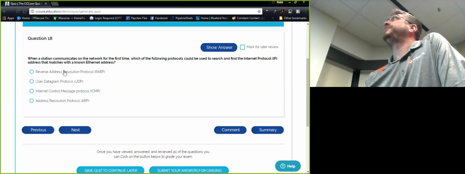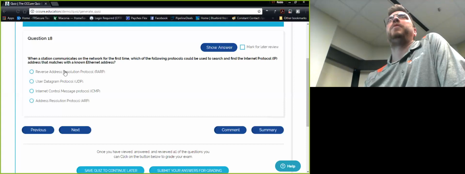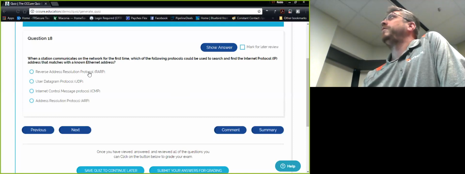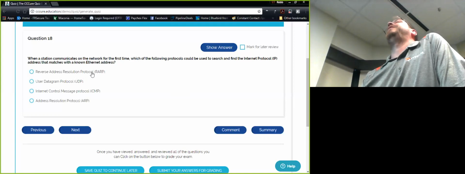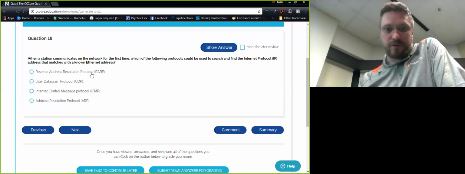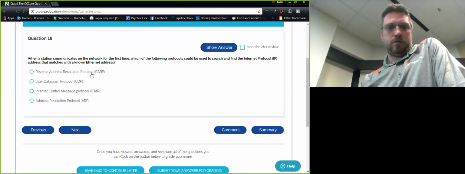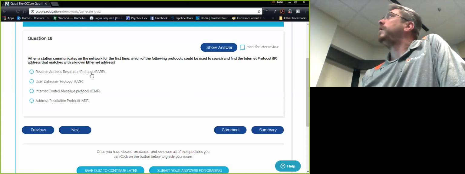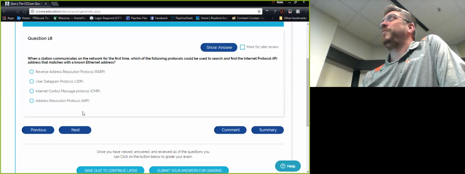It's reverse. It's not the Ethernet address to an IP. ARP is looking backwards. I always get these backwards. All right, we'll do ARP.